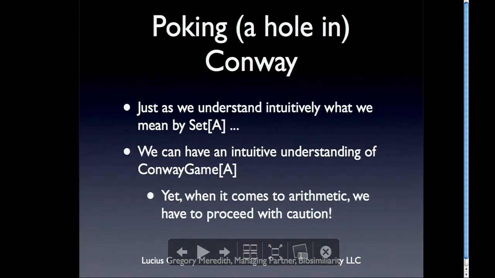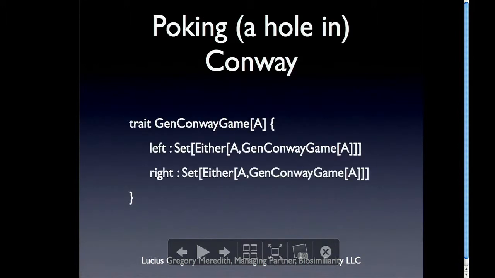So here, what we do is we say that the generalized Conway game, now with a hole in it, has its components, and either it's going to be an A or a generalized Conway game. So either I've actually got something, an atom in my hand, or it's one of these recursive things. It's another container inside. And likewise for the right-hand side component. And the rest of the machinery remains undisturbed.